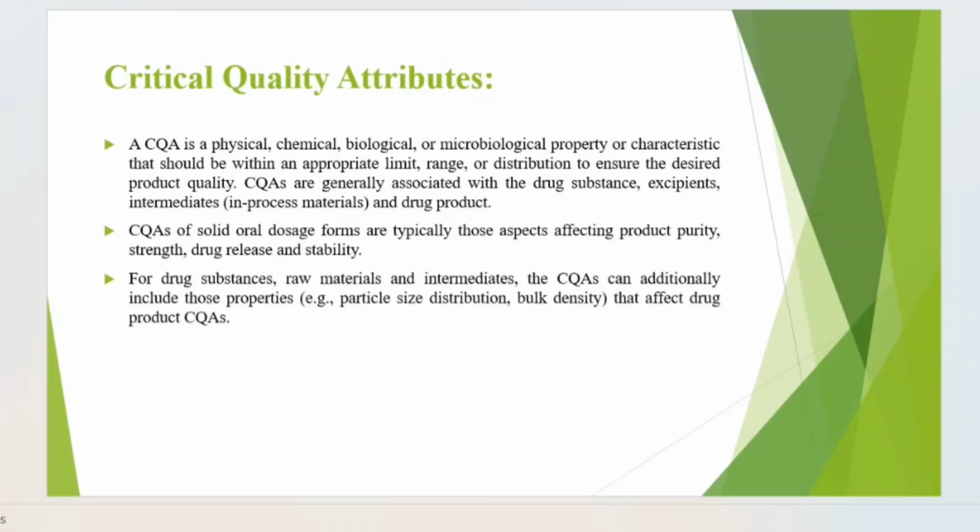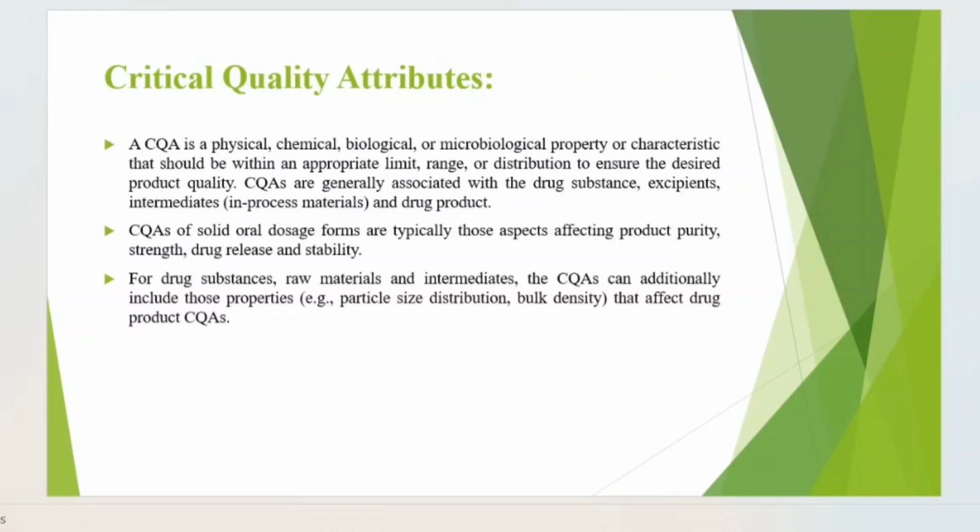So here CQA, for example, CQAs of solid dosage forms are typically those aspects affecting the product quality, product purity, strength, drug release and stability. So these CQAs typically affect these parameters.